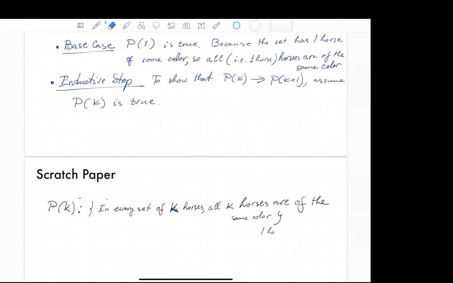Okay, so that's my inductive hypothesis.